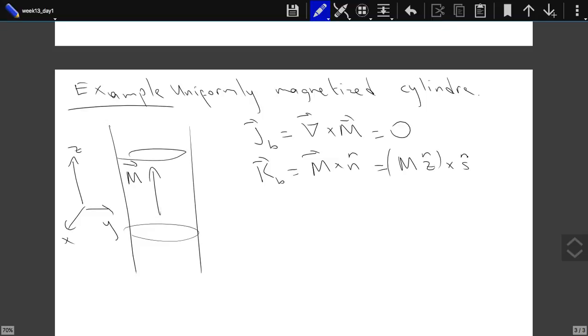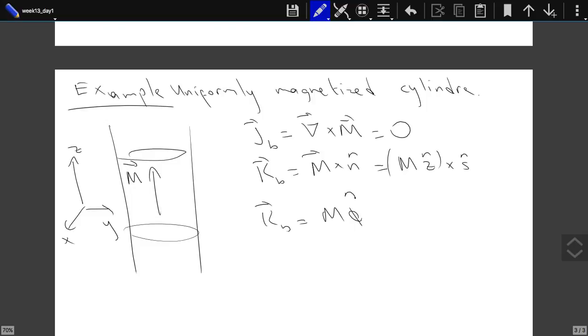Phi hat, or minus phi hat. Minus phi hat or plus phi hat? Plus.